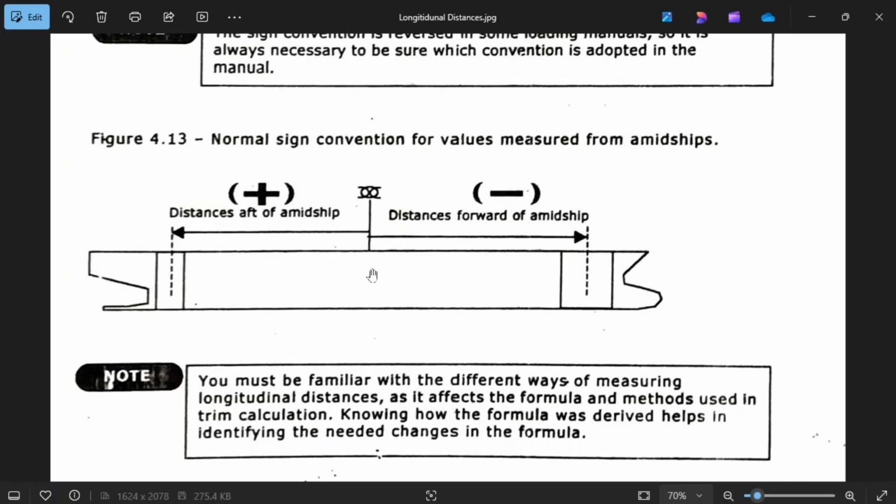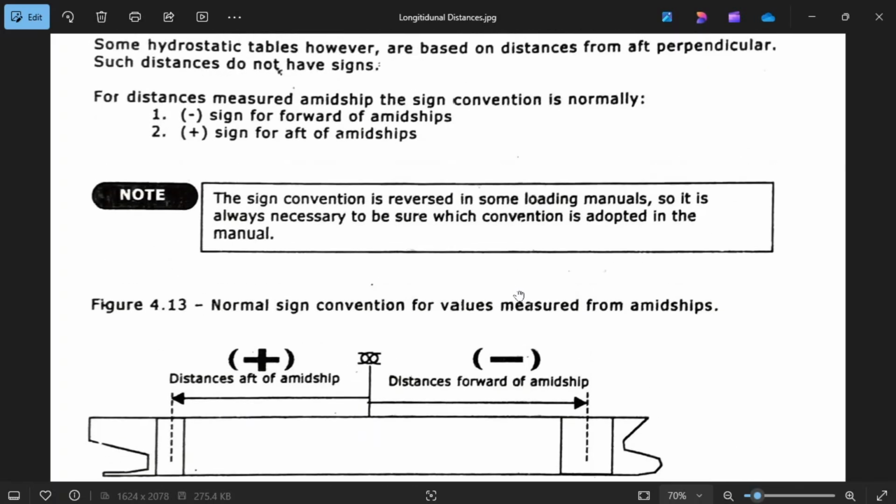Your LCF could be here or on the aft part. So this will be your reference point. Your LCB, or longitudinal center of buoyancy, will also be measured from a reference point from the midship. It could be forward part of the vessel, or aft part of the vessel. Okay, so that is what it meant there.